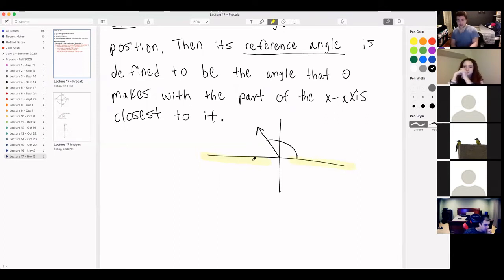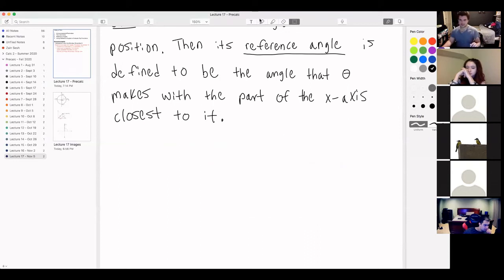Well, it looks like it's closest to the negative part. So it's closest to here. So we look at the angle that this makes with the negative x-axis. So this will be the reference angle right here. Okay, not this one. It's going to be the angle over here. All right, so this will become clear with examples.